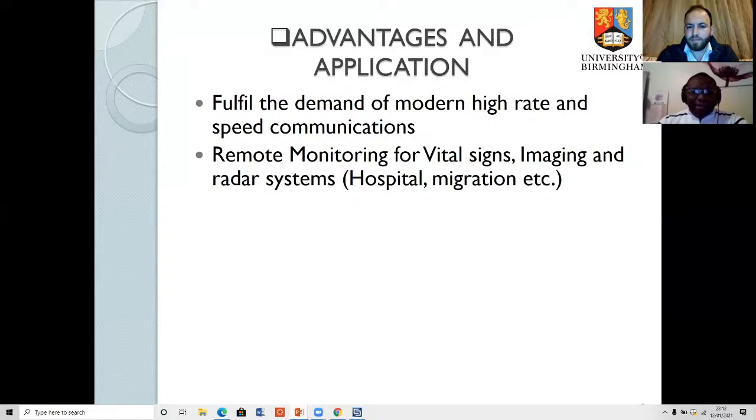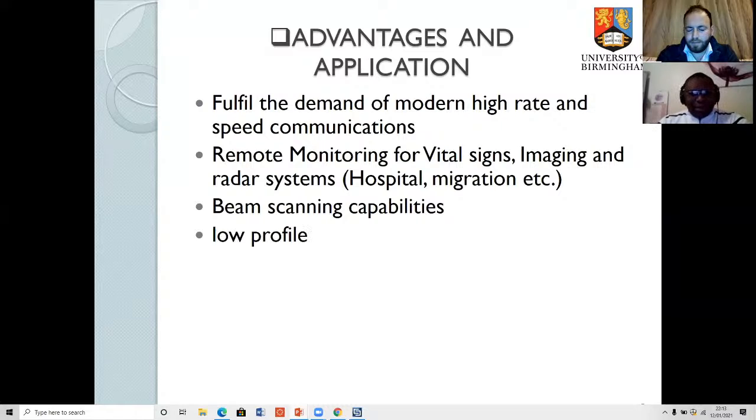Some of the areas where we can use this application are hospitals, immigration, the fire service, and so forth. And thirdly, one big advantage is the beam scanning capability. As I said in my previous slide, the antenna has very good beam scanning properties, and we'll look at it in detail.